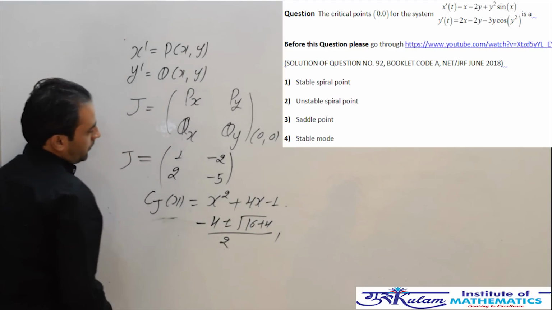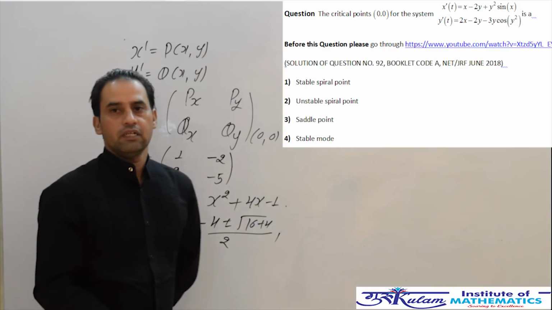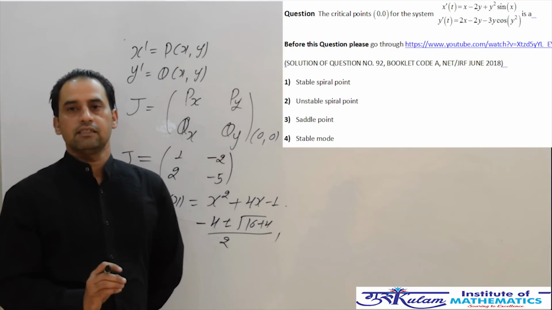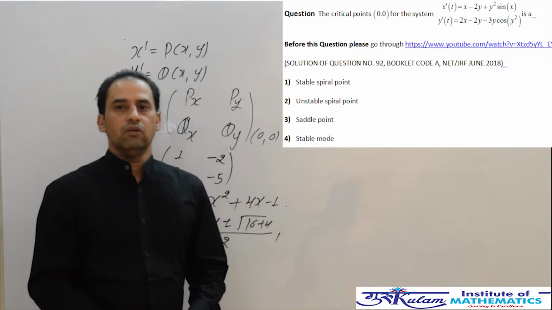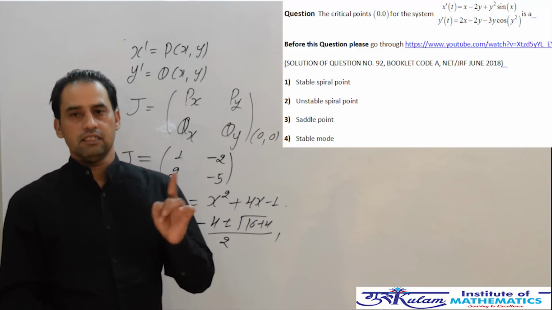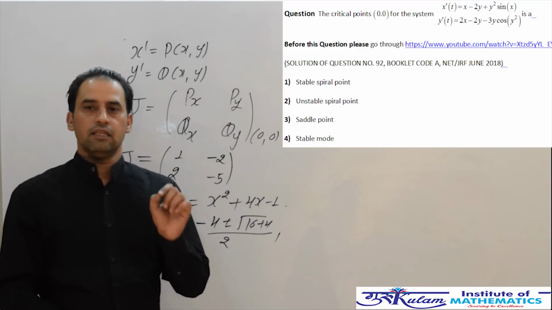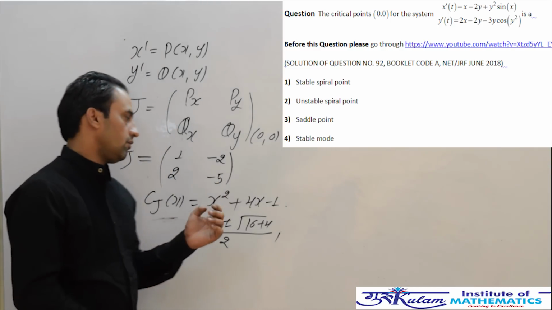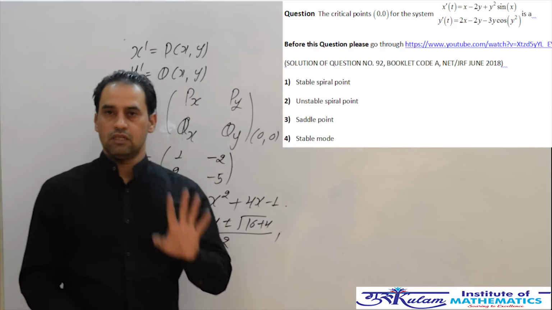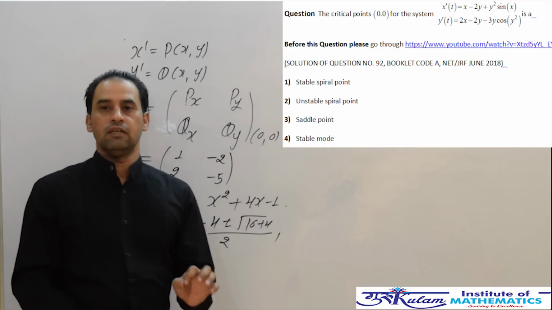That is, the eigenvalues of this Jacobian matrix are real and distinct with opposite sign, and we know that if the eigenvalues of this Jacobian matrix are real, distinct and of opposite sign, then the critical point is a saddle point. One of the eigenvalues is positive, hence this critical point is an unstable saddle point.